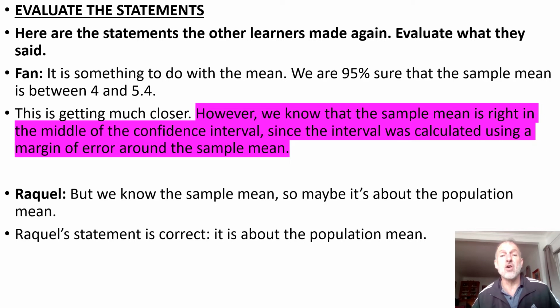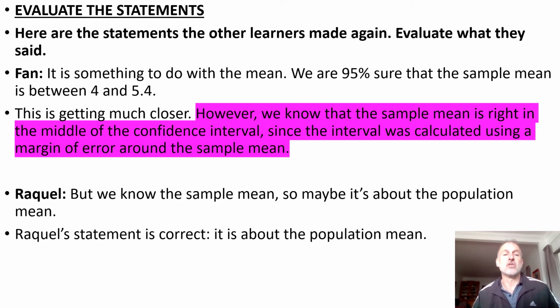However, we know that the sample mean is right in the middle of the confidence interval, since the interval was calculated using the margin of error around the sample mean. Okay, so he's still confused about the sample and the population. Rachel: but we know the sample mean. This is what she answered. So maybe it's about the population mean.